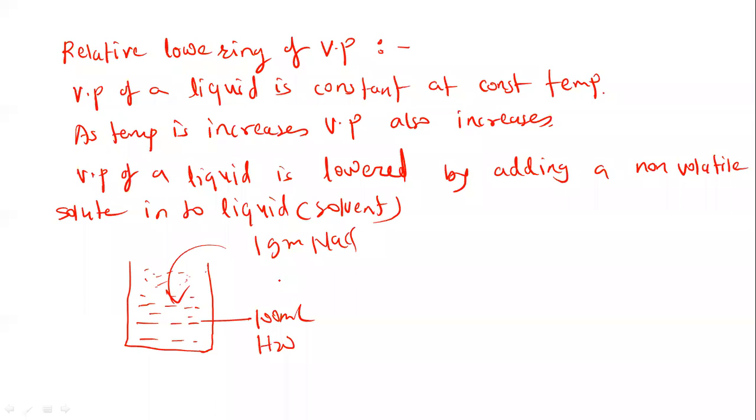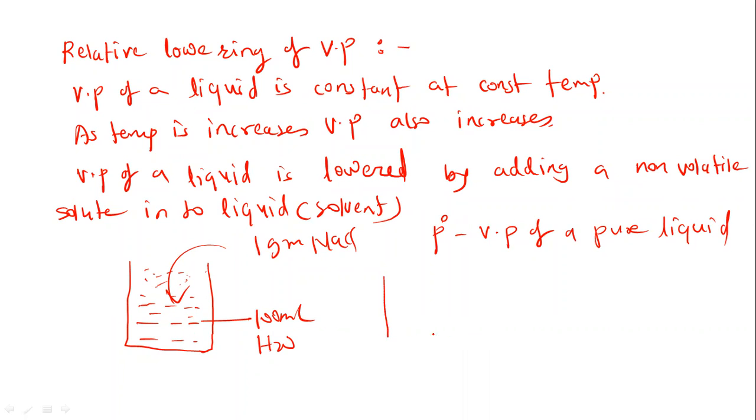So try to understand this. Suppose P0 is the vapor pressure of a pure liquid, meaning no solute is added there.